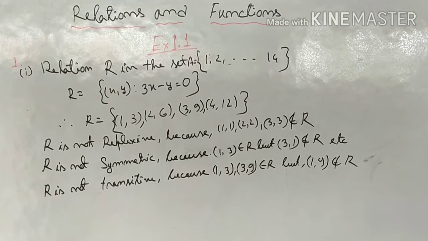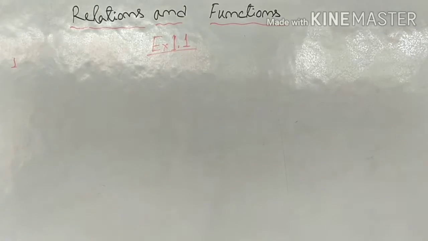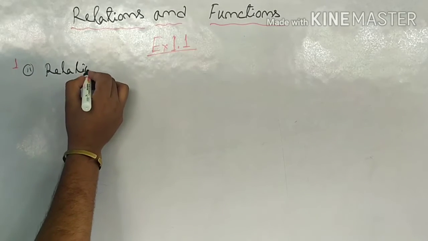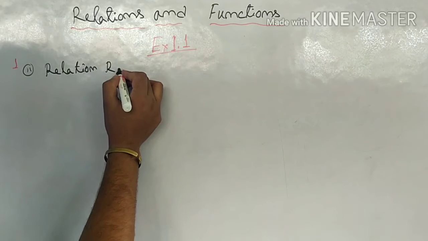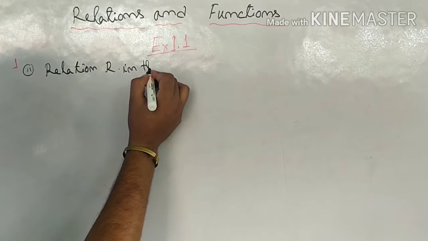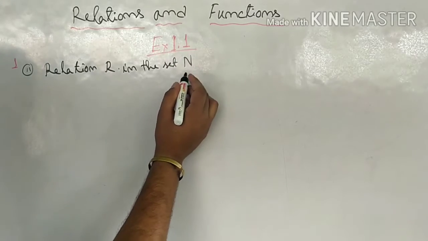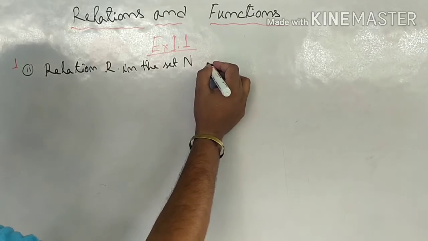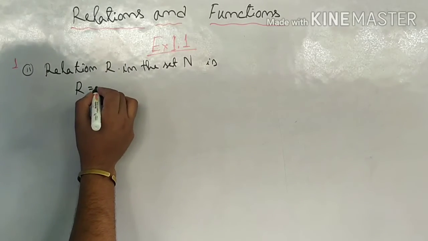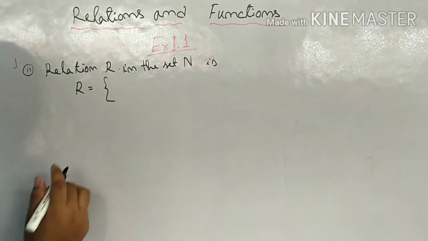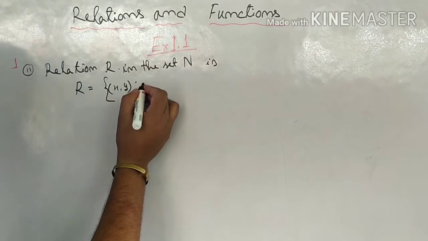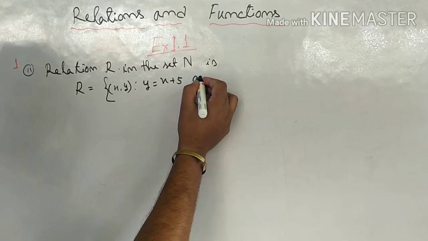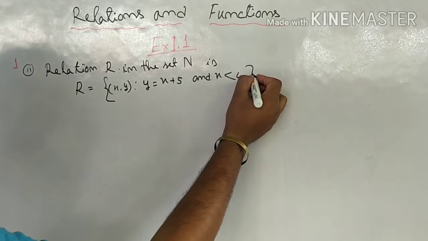Now question number 2: Relation R in the set N, where N means natural numbers, is defined as R = {(x, y) such that y = x + 5 and x < 4}.